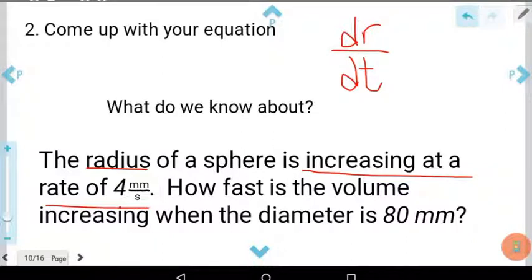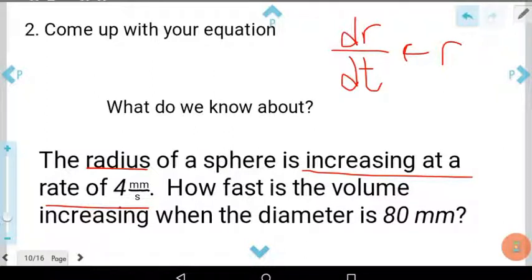Again, we don't want to put rates of change in our equation, but it's okay if we put r in our equation, because once we take the derivative, we're going to get a dr/dt, and we actually know something about dr/dt, so it's okay to use that r in there.